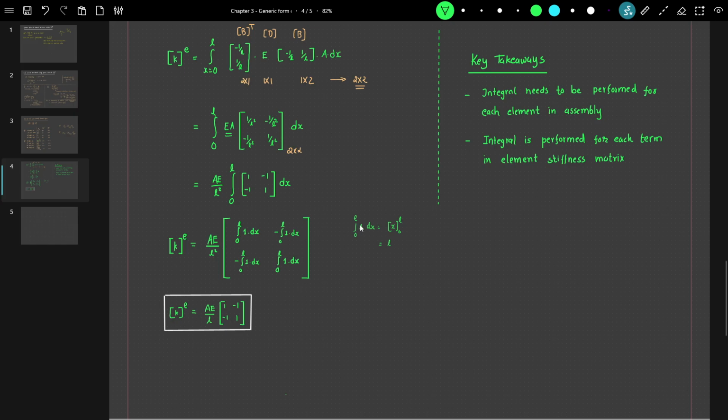Integration from x equal to 0 to L of 1 dx is L. So here we get L, this is minus L, this is minus L, and this is L. Further simplifying, we get the element stiffness matrix as A by L times 1, minus 1, minus 1, 1 for a 1D bar element in 1D space.